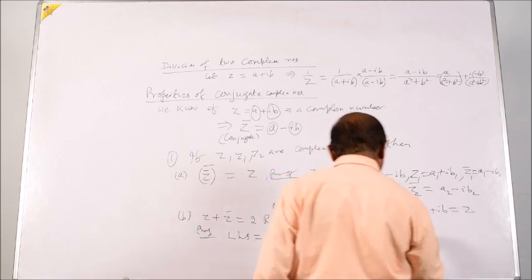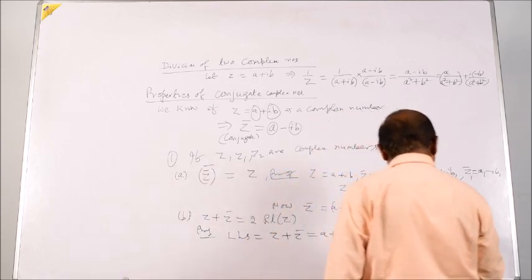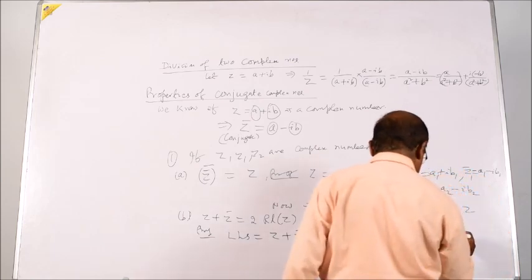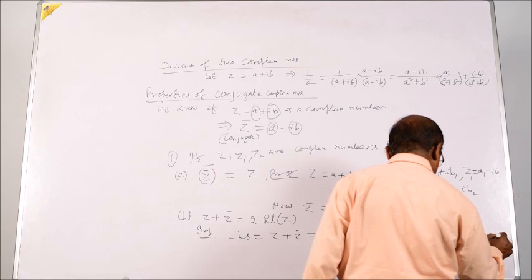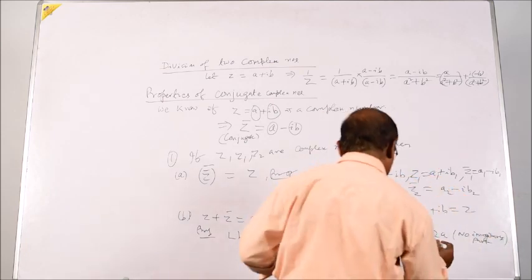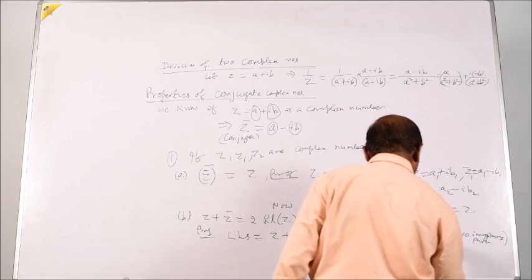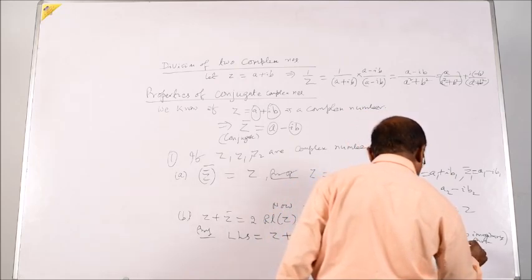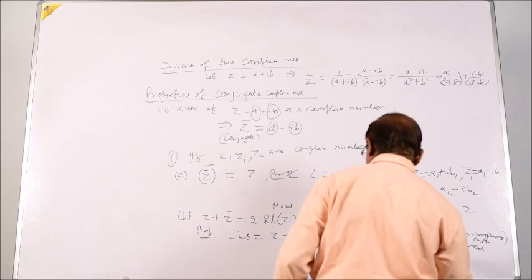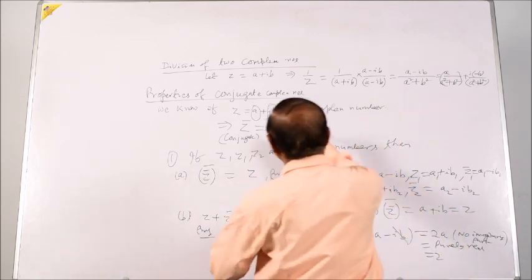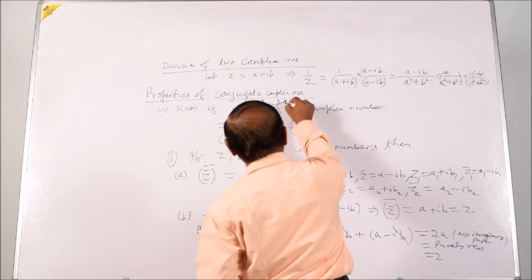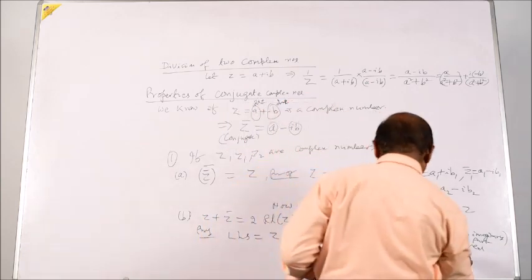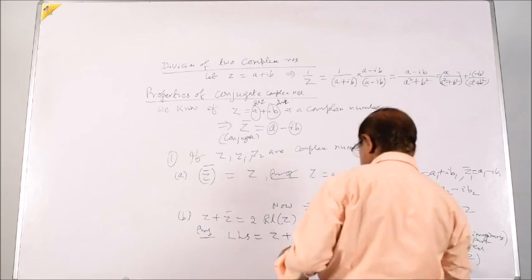So IB goes, this is 2A, which means no imaginary part, so it is purely real. That is equal to 2A. A is what? A is the real part of Z, this is real Z, this is imaginary Z. So this is 2 real Z, proved.